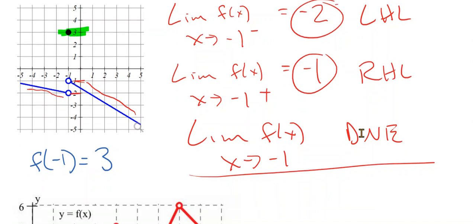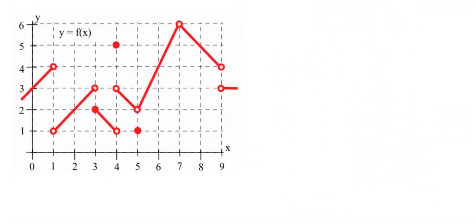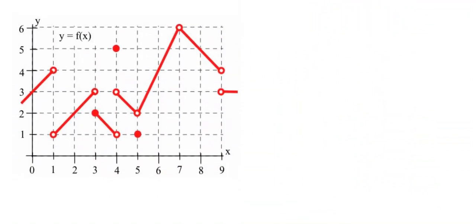And finally, let's kind of put it all together and look at this fancy little graph. Let's start off by looking at 1 right here. What is the limit as x approaches 1 from the left?